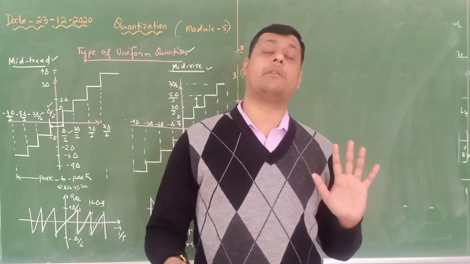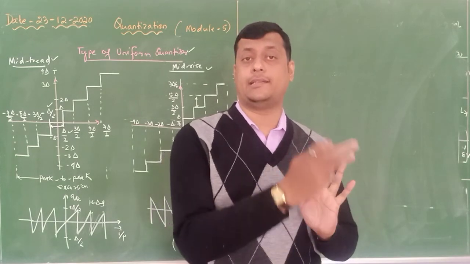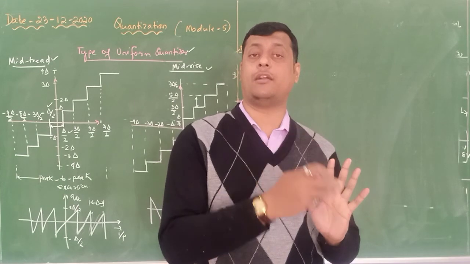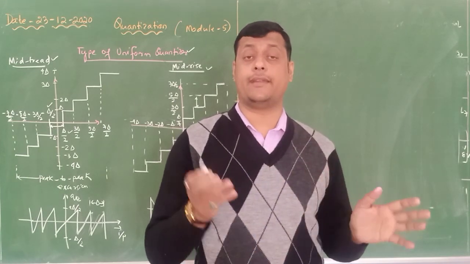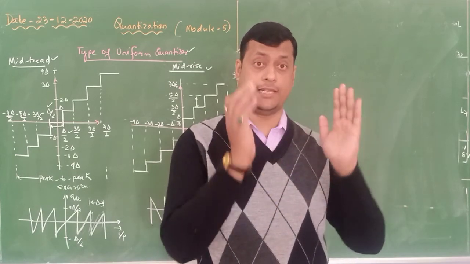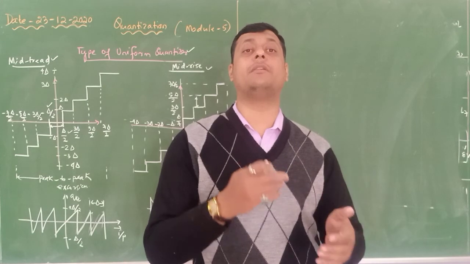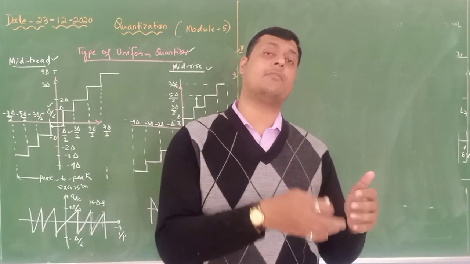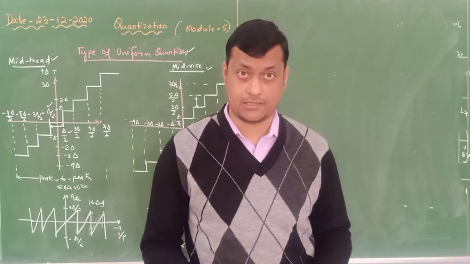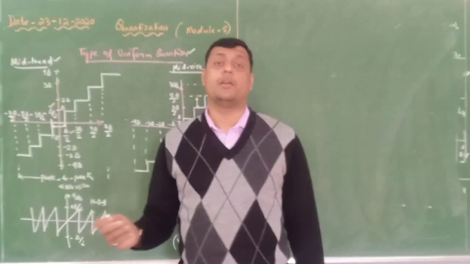Our main motive is to determine the signal to quantization noise ratio, and the ratio must be greater than 1, so that the quantization error is less, the round-off, or approximation value, is less, the error contribution is very small, and signal strength is increased. So that is our main goal. So these are the types of quantizers.